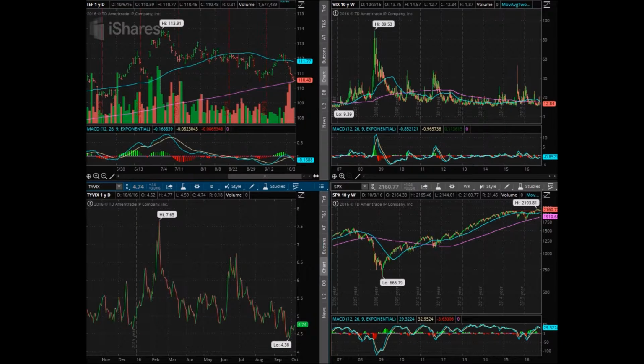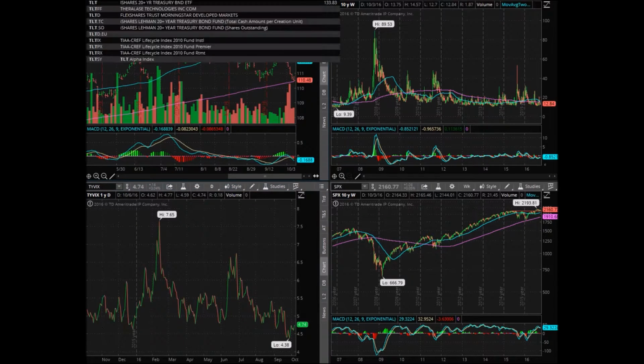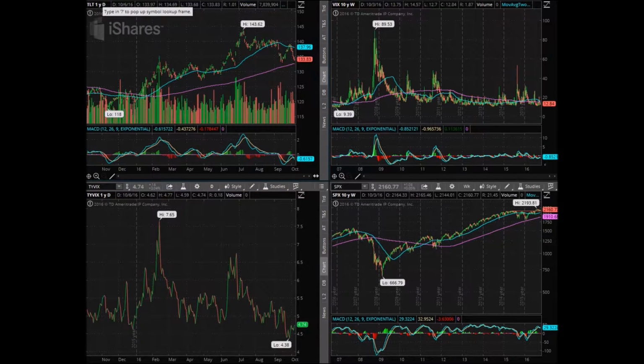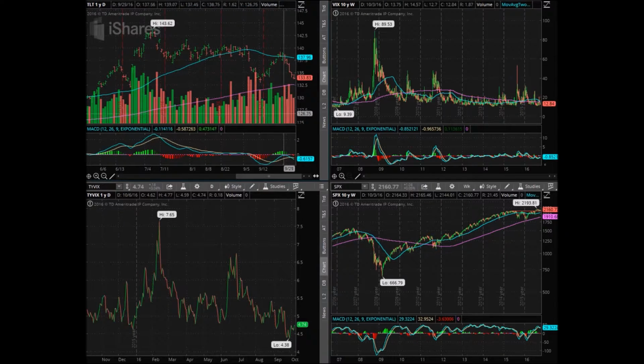Now one thing I did want to show you is the TLT. So this is, like I said, more commonly traded than the IEF, but this is based on the 20-year Treasury bond. So if we zoom in here on the last couple months, we see that we're at the same thing. We are also at this level of support.